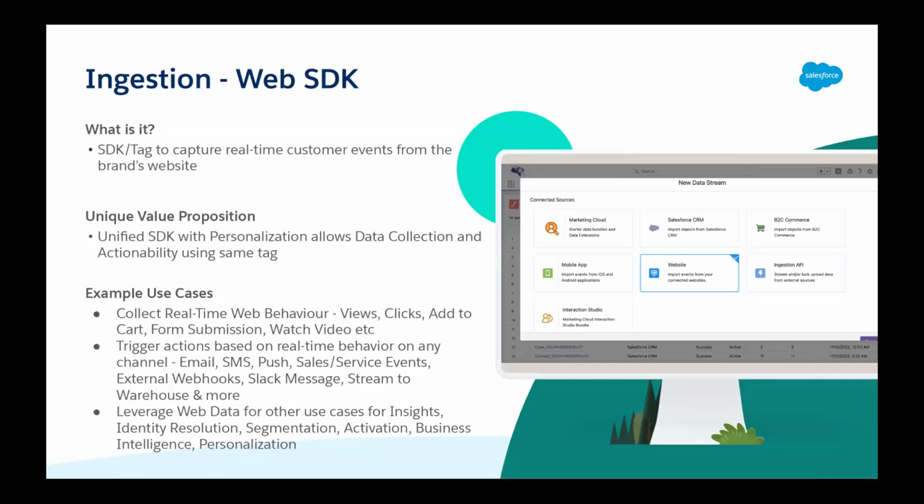However, the SDK actually provides a much broader, extensible data capture and collection framework that includes product-specific modules for both Marketing Cloud personalization and Data Cloud. So I want to stress here that Marketing Cloud personalization is not required in order to capture website behavior in Data Cloud using this SDK. It's not a prerequisite. You can use this SDK without personalization.